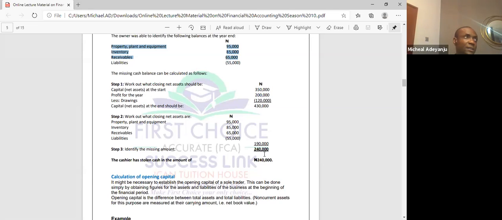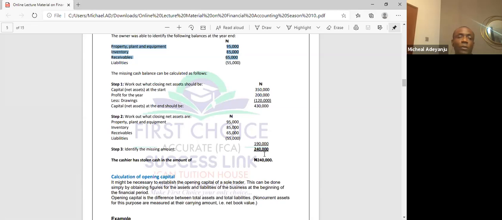What makes up your assets? Your asset is PPE, which is like fixed assets actually, plus your current assets. What makes up your current assets? Your receivables, your cash, your inventory, and your bank.